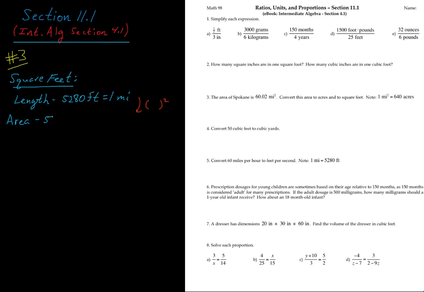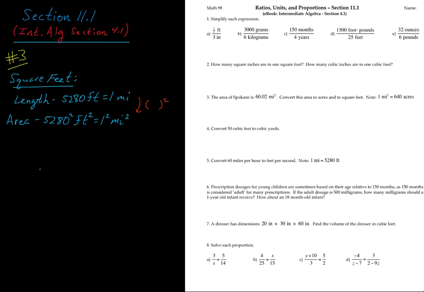So 5280 squared square feet is going to equal 1 square mile.